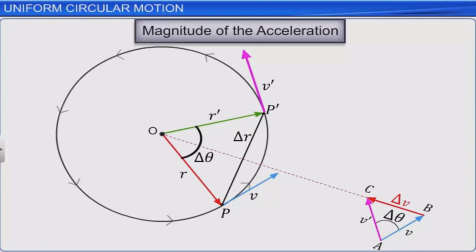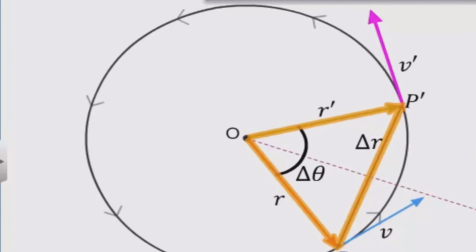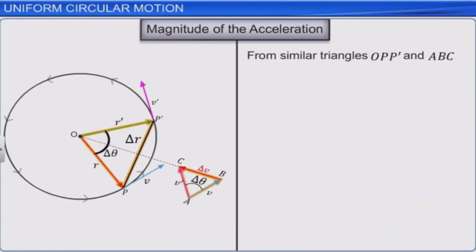Therefore, triangle OPP' formed by the position vectors and triangle ABC formed by the velocity vectors are similar. From these similar triangles, we can write magnitude of delta v by v is equal to magnitude of delta r by r, where r is the radius of the circle.